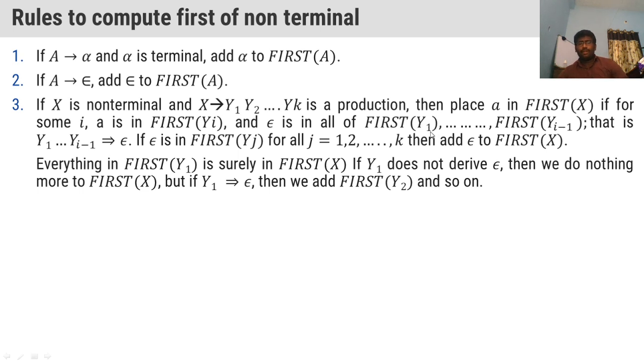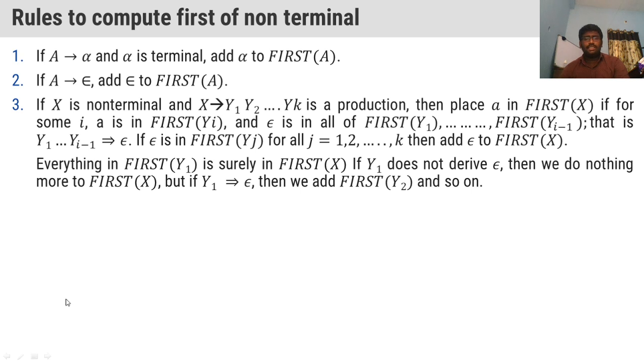When I go to Y1, we are finding the first set of Y1. What is the previous one to the first set of Yi? First set of Yi minus 1.